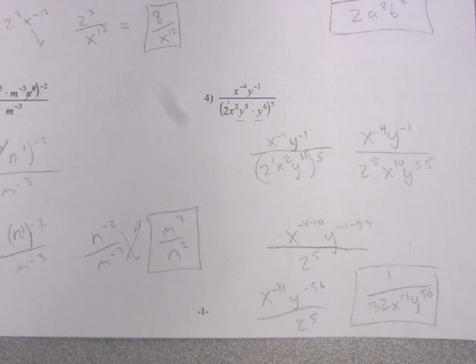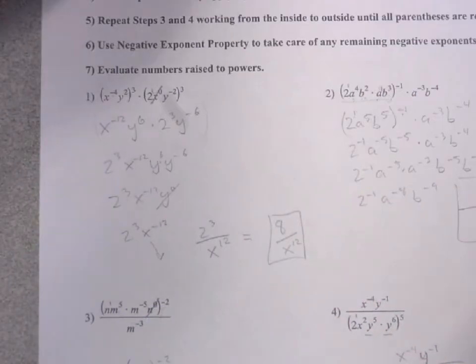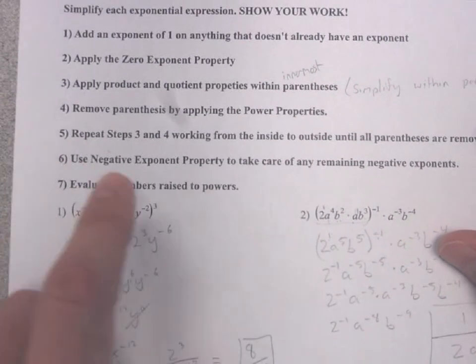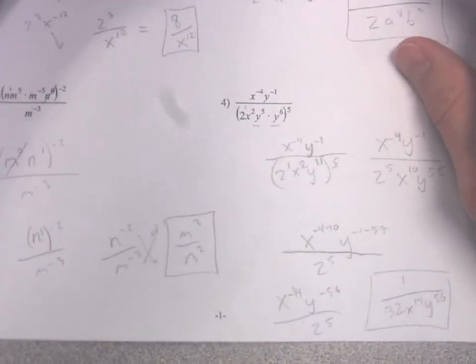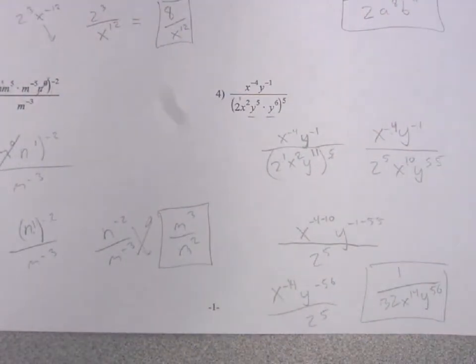So typically what I recommend is that you use your negative exponent property at the end of the problem instead of using it multiple times in the middle of the problem, because again you might have to do it over and over and over to fix stuff that keeps becoming negative. So this is the way I would do it, but there's multiple ways to go about it.